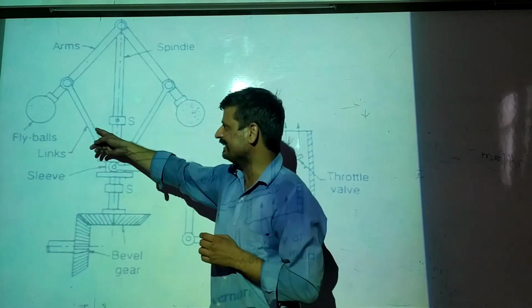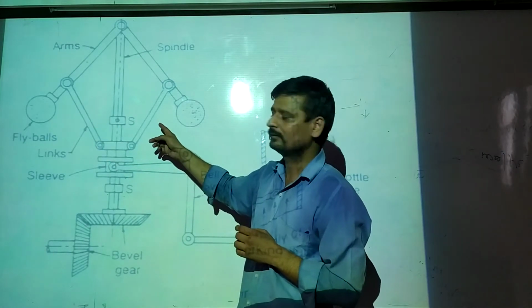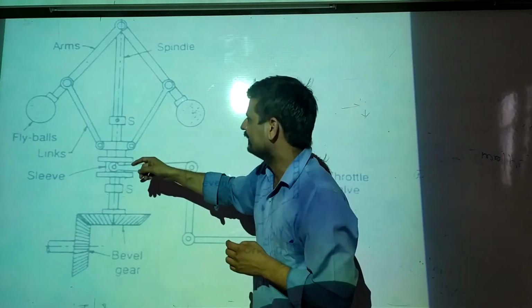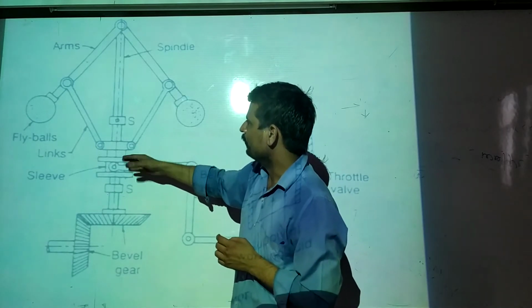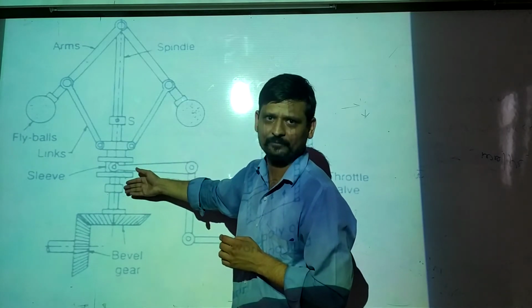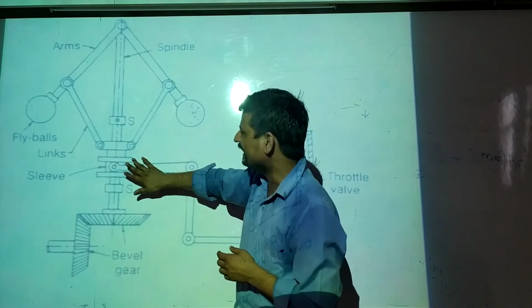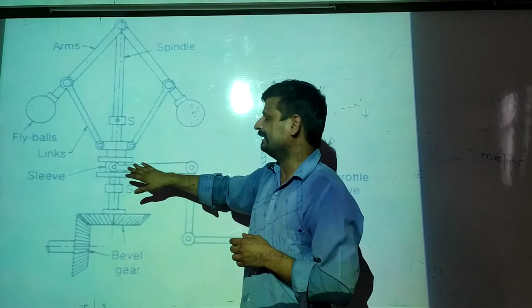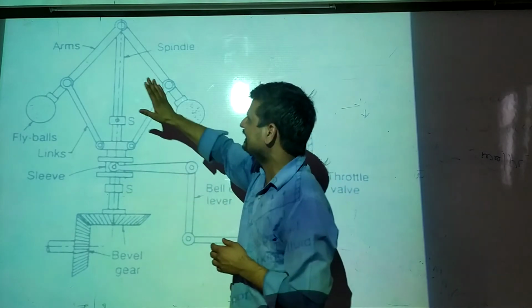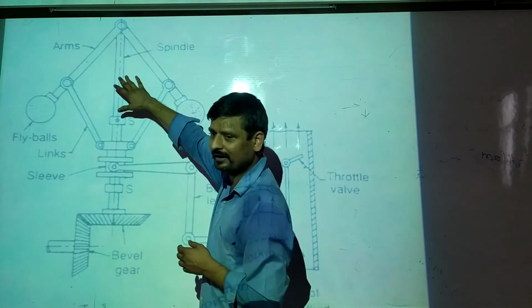It has two lower links. So these two lower links are attached to a sleeve system. Sleeve is a mechanical component. Now the sleeve has a tendency to slide over the spindle.